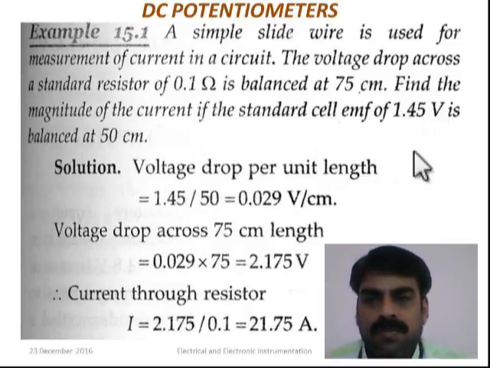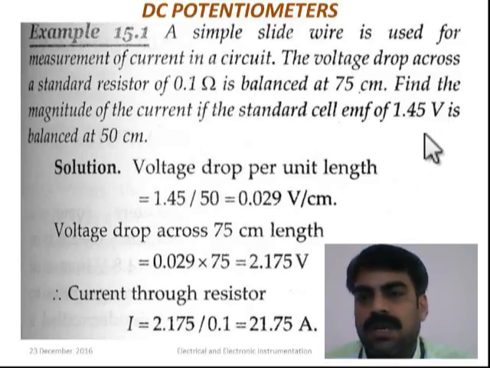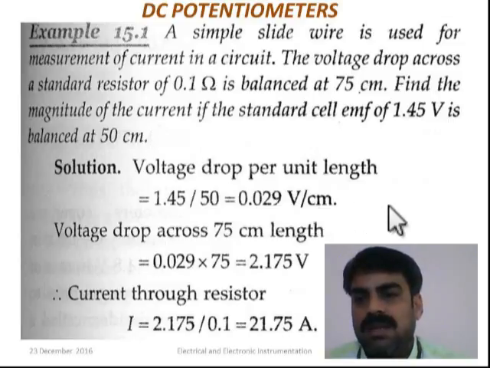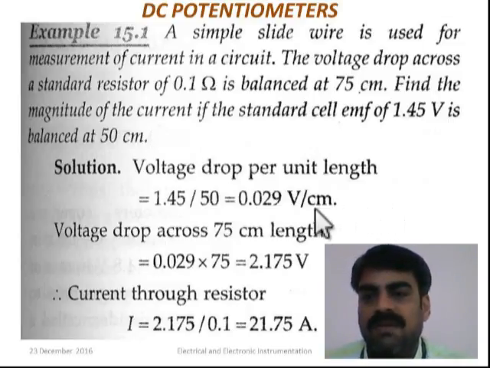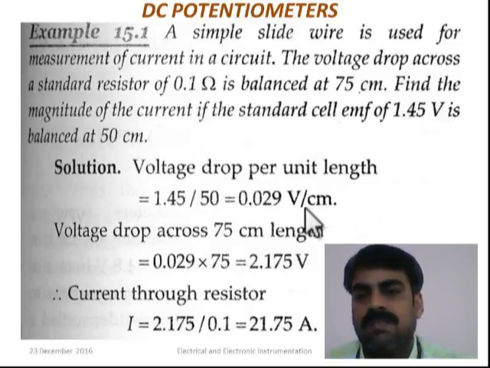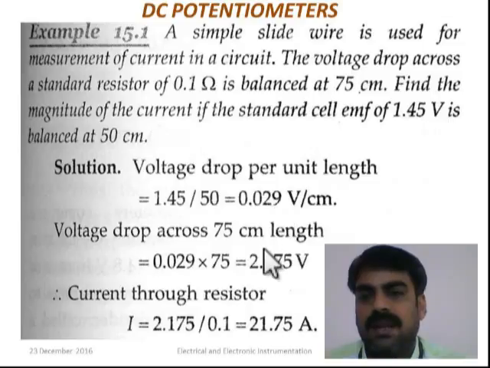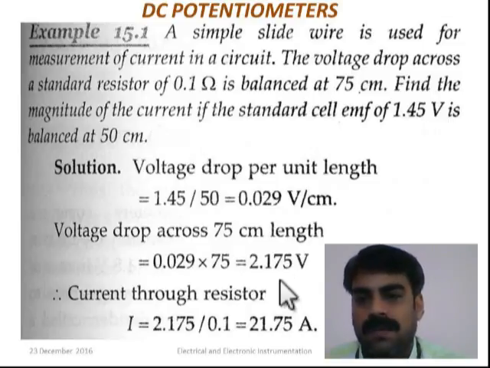Voltage drop per unit length is given as 1.5 volt divided by 50 centimeter, which is 0.029 volt per centimeter. Similarly, the voltage drop across 75 centimeter length: we already have the voltage drop per centimeter, and using that we can easily calculate it for 75 centimeter, which is 2.175 volt.